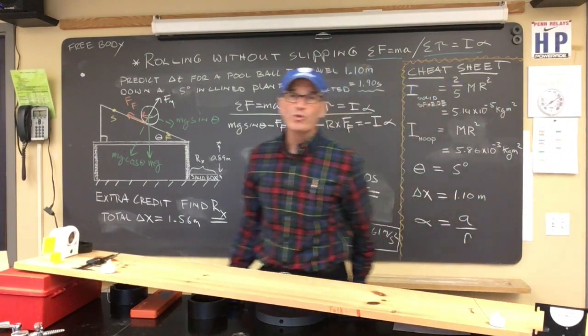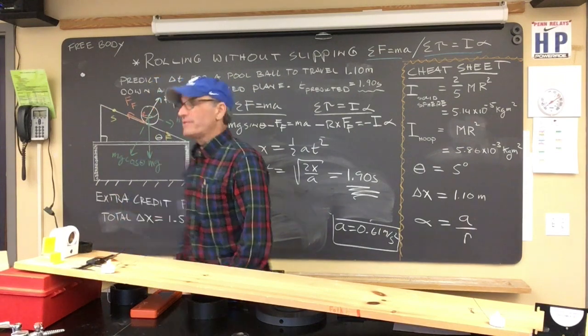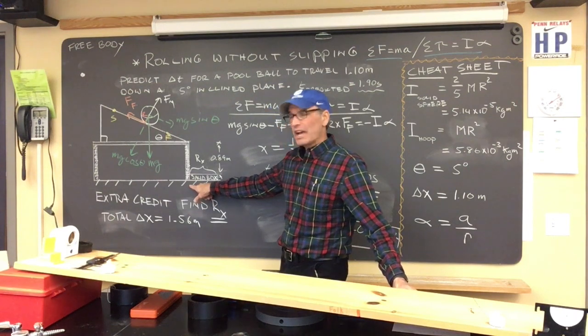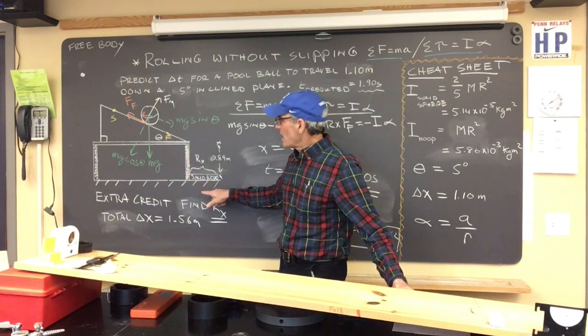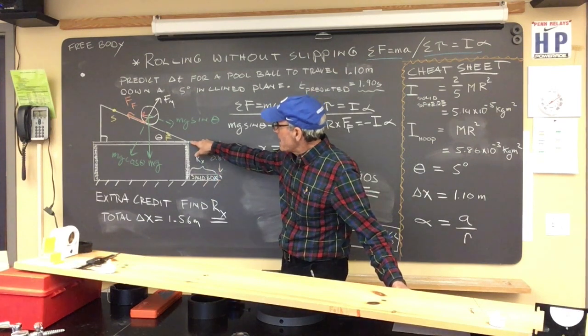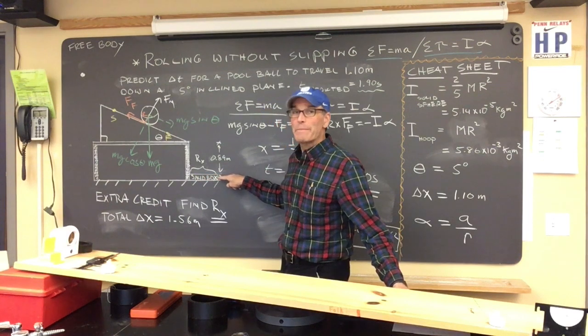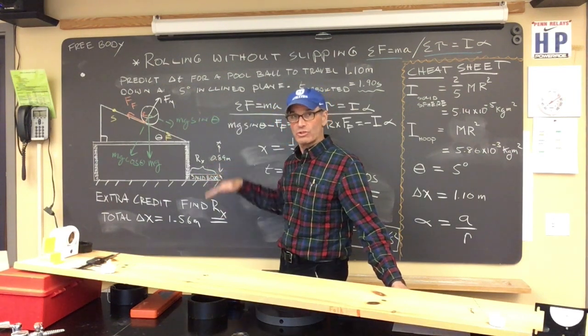I have an extra credit item for you. Okay, here's the extra credit. If you notice in my diagram, go ahead and blow it up. I show a sandbox below the end of the board. And the distance from the end of the board, the height, to the sand bed level is 0.89 meters.